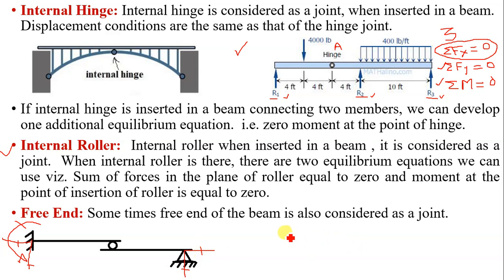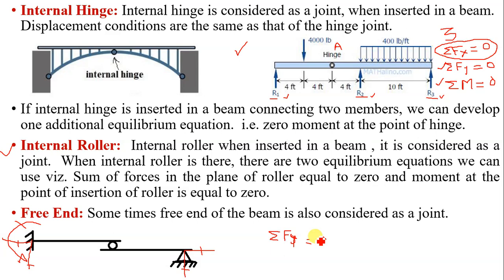So let us forget about summation Fx is equal to 0. We are having two equilibrium equations: summation Fy is equal to 0 and summation M is equal to 0. In addition to that, if we develop two more equations, we can solve this problem.